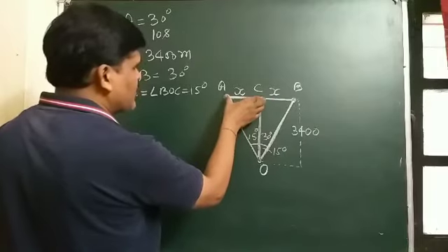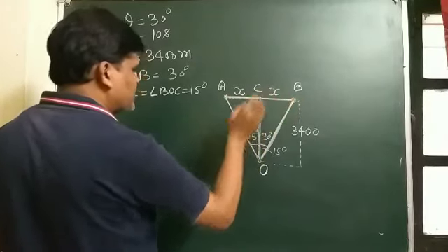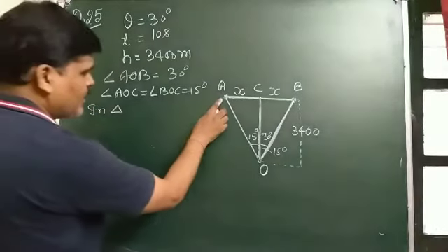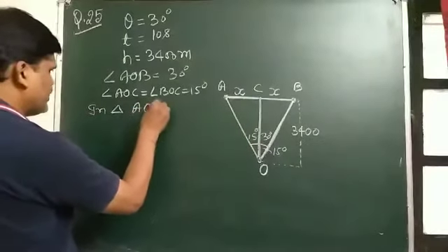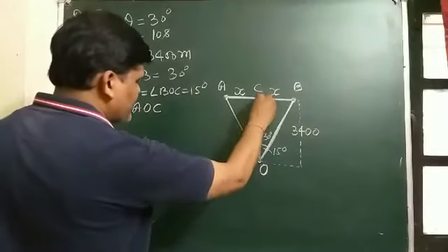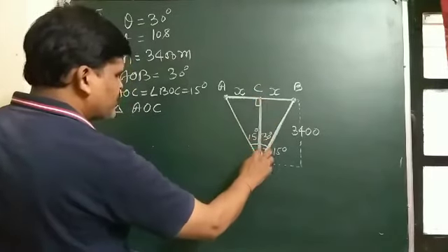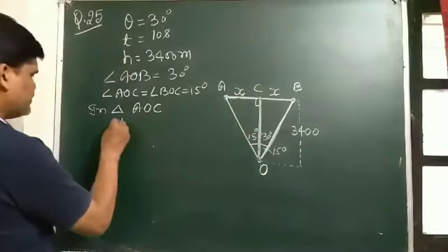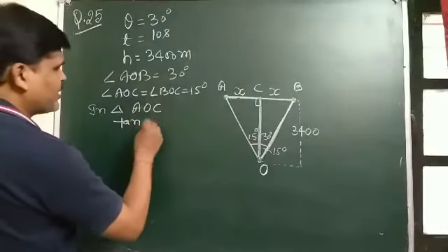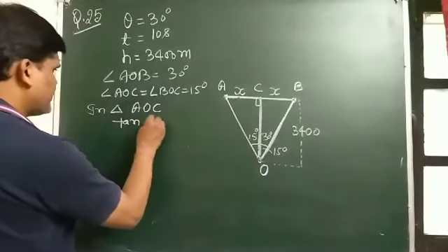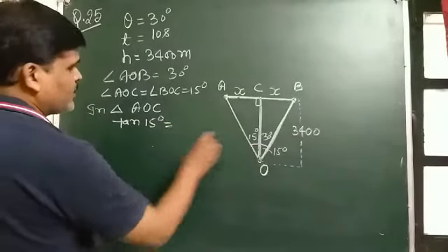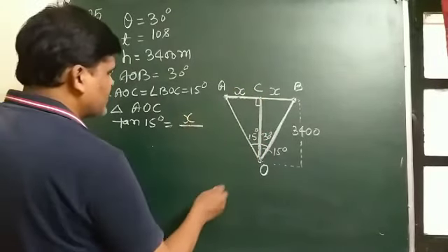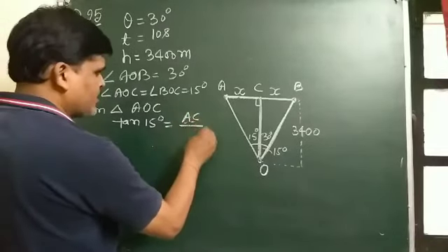So length AC is equal to length CB. In triangle AOC, this is the base and this is the perpendicular. We use the angle AOC, 15 degrees, which gives tan 15 degrees equals perpendicular by base, that is AC by OC.